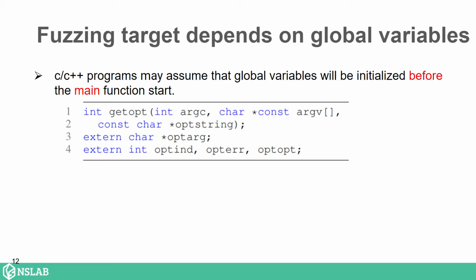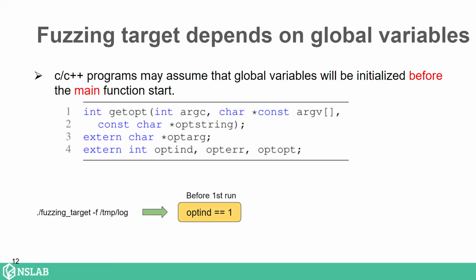The function getopt is widely used in many open source projects, and it parses the command line arguments. This function depends on a global variable called optind, which indicates the next element's index of the command line arguments. Now assume that the fuzzing target uses getopt to parse the command line arguments, and libFuzzer feeds the arguments in the red box below to the fuzzing target.